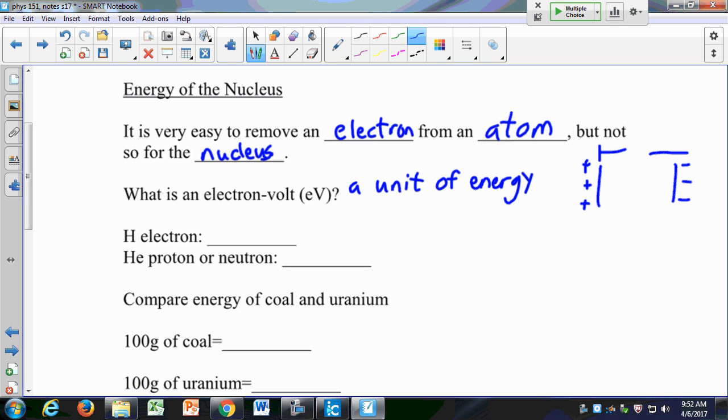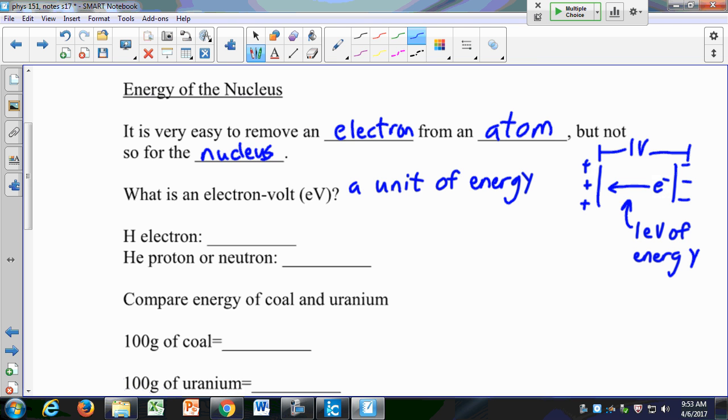If our potential difference between these is 1 volt, remember volt is energy per charge, and I have an electron that moves from here to here, then it will gain 1 electron volt of energy. That's how we define what an electron volt is, and that's why we call it an electron volt. It's the amount of energy that an electron gains when it moves across 1 volt of potential difference. It's just a different unit of energy.